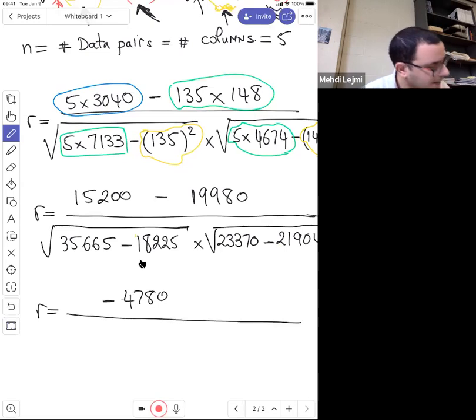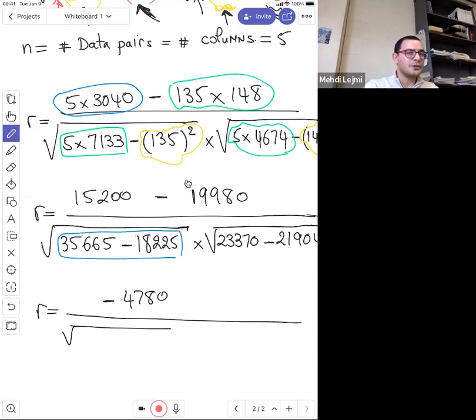Divided by. All right. Now we have these two subtractions under the square root. So we're going to do the first subtraction under the first square root. This one right here. So we do the 35,665 minus 18,225.